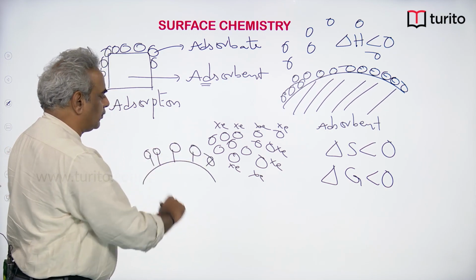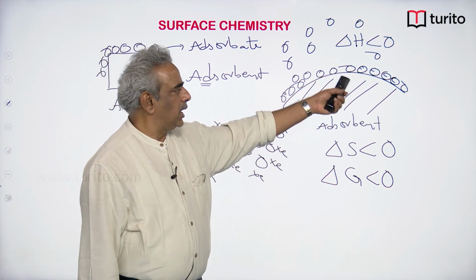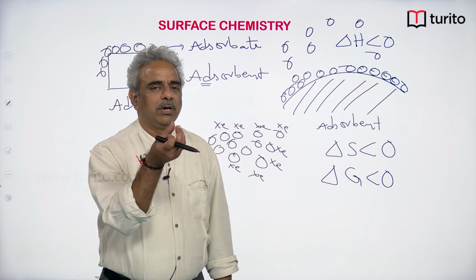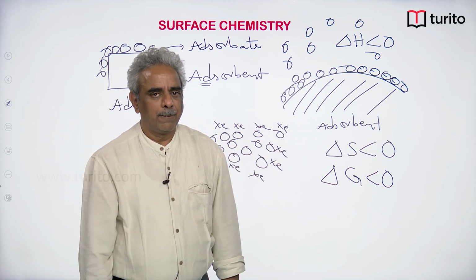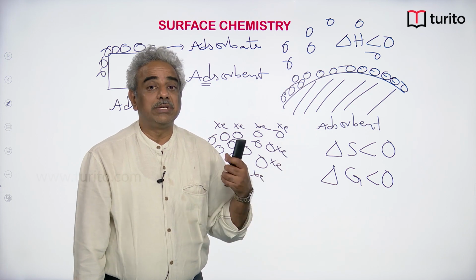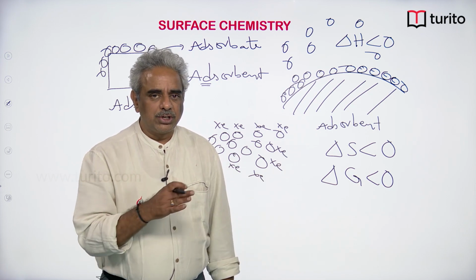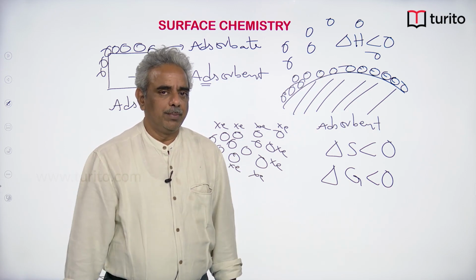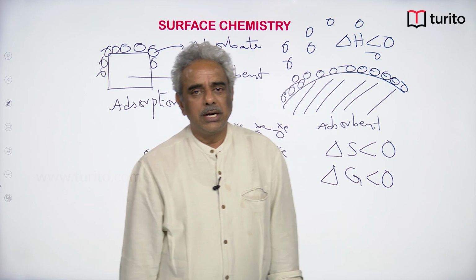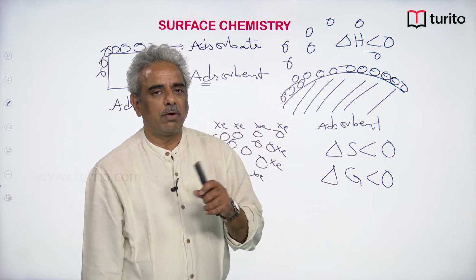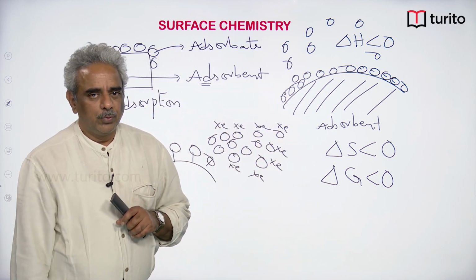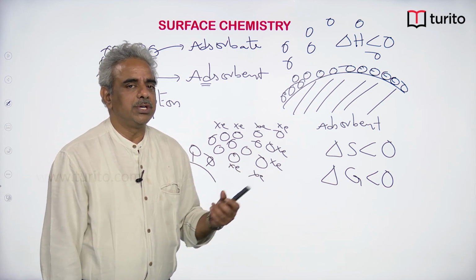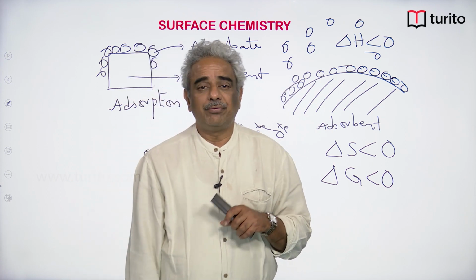If it is just van der Waals force of attraction between the adsorbent surface and adsorbate particles, with no well defined bond, just small attraction, such adsorption is called physical adsorption or physisorption.